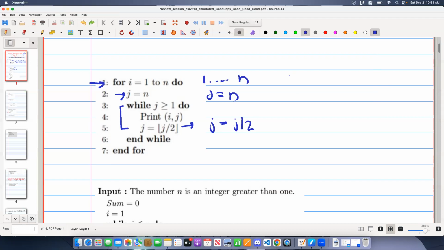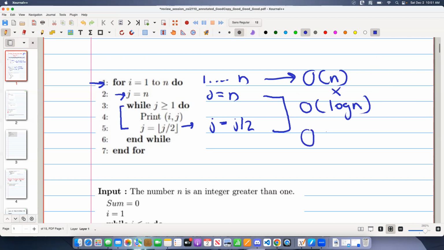So the complexity up here is O of n. This section is going to be O of log n. And since the for loop and the while loop are embedded within each other, you multiply those complexities to get O of n log n. And that is your solution for this example.